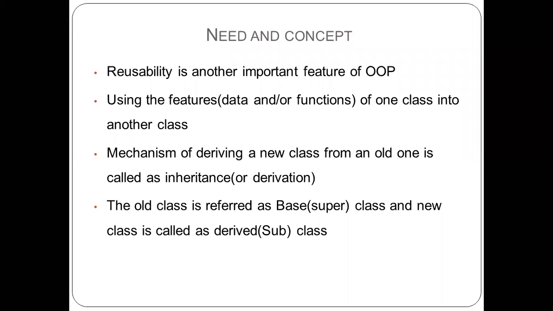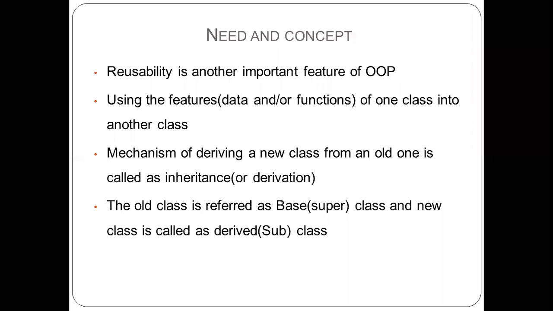Then there are features which will be introduced in the form of data or functions. Generally, when we inherit something, we are getting something, either in the form of variables or in the form of functions.